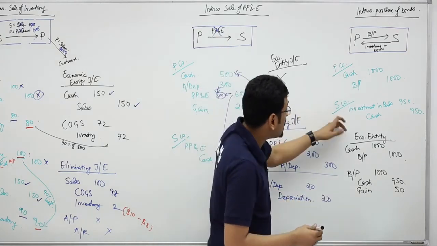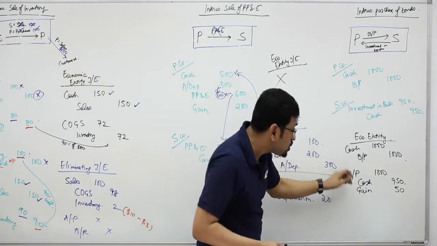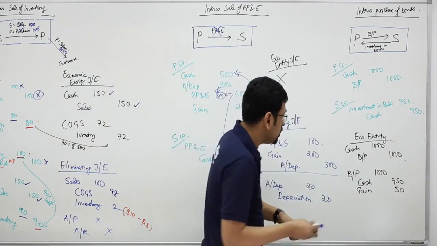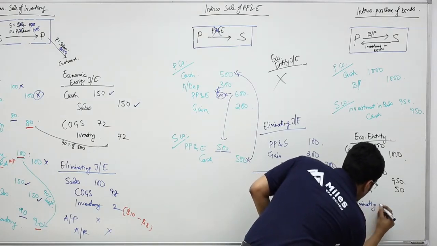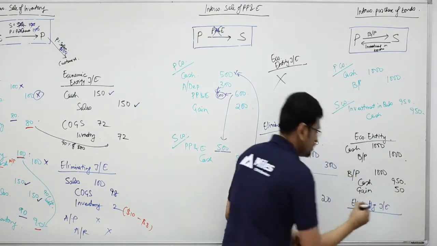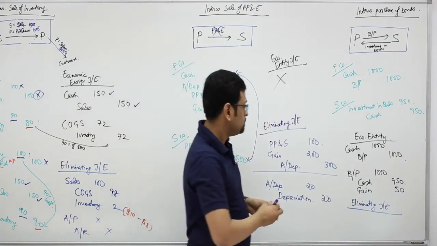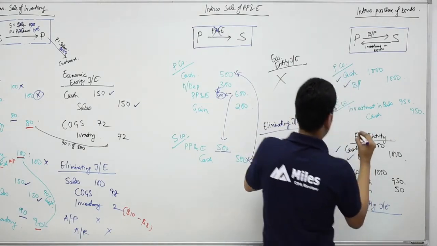So these were the actual journal entries passed by them. This should have been passed. So what's the eliminating journal entry here? See, I told you I'll use every inch of the space that I have. Now, this is all fine. This journal entry is all cool.